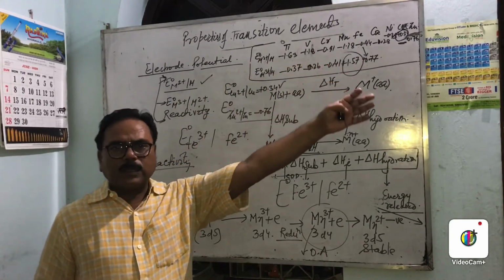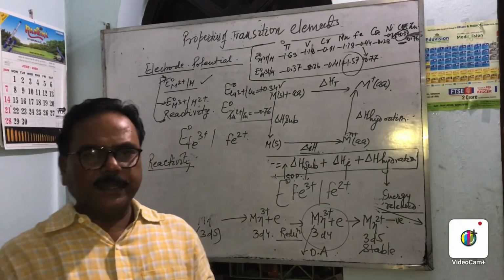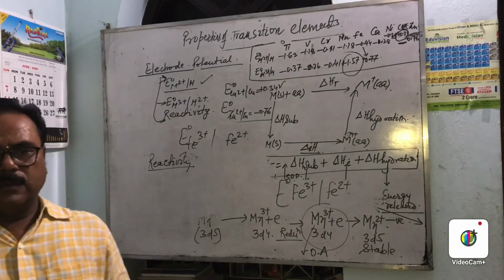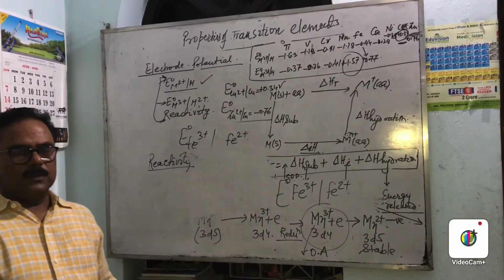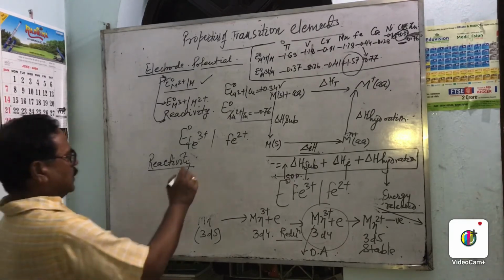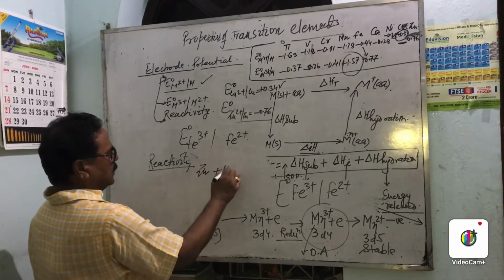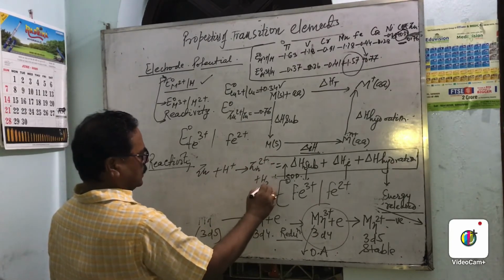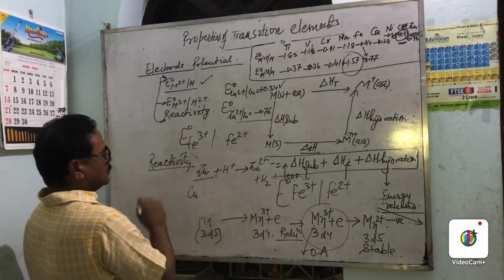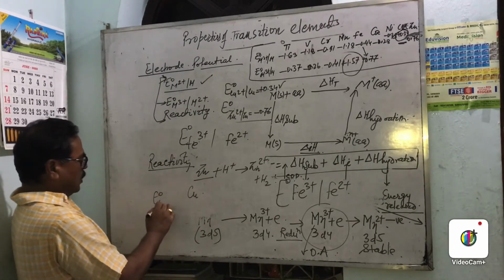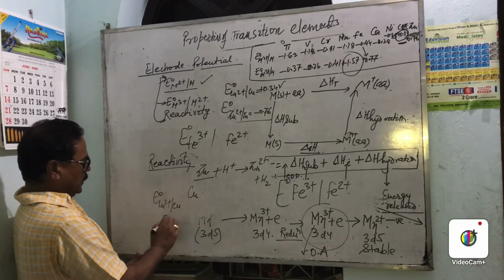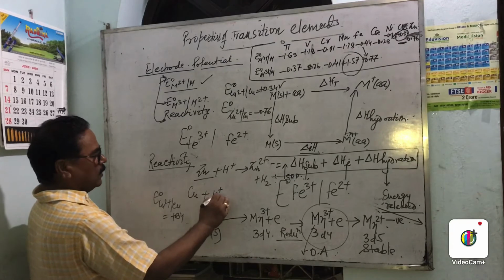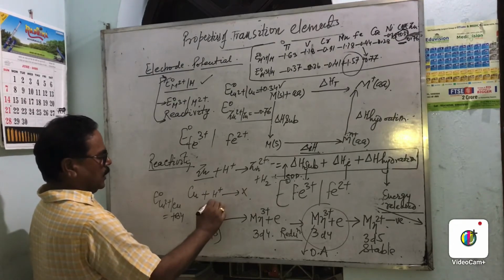Now the lower the reduction potential value, meaning the more negative the reduction potential value, the more it will act as a reducing agent. That's why zinc will react with acid and get converted into zinc 2 plus, and this is hydrogen. Because copper will have E0 for copper 2 plus to copper positive 0.34 volt, so this H plus will have no reaction with it.